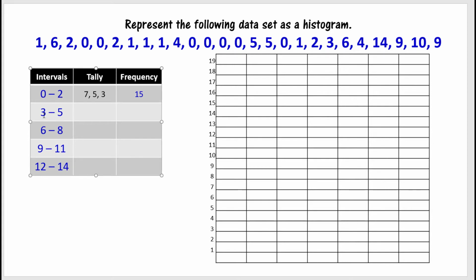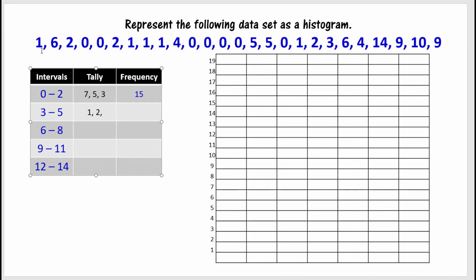So now we need to count how many numbers are between 3 and 5. So we would count how many 3s, count how many 4s, and count how many 5s. So let's count the number of 3s. We only have 1 3. Count the number of 4s. So that's 1, 2. 2 4s.